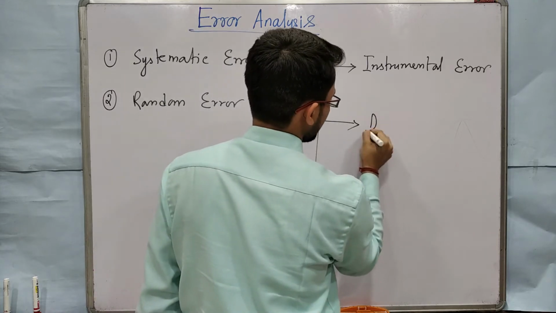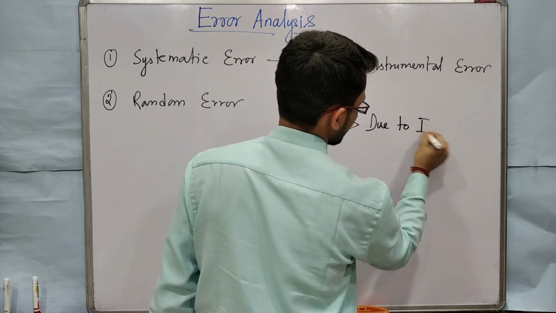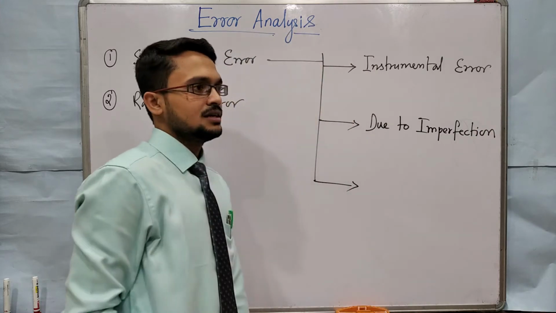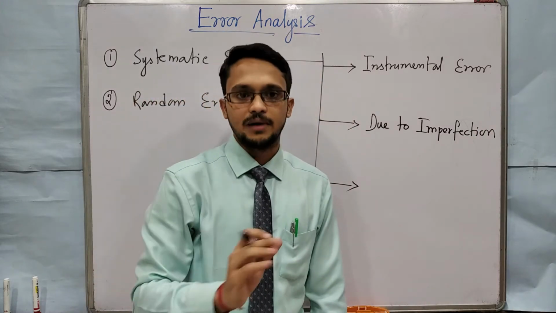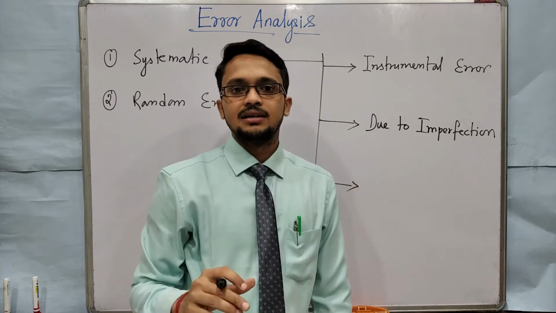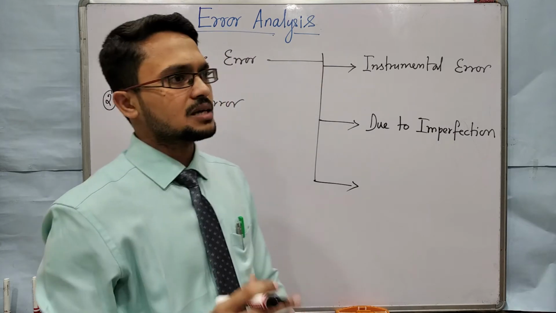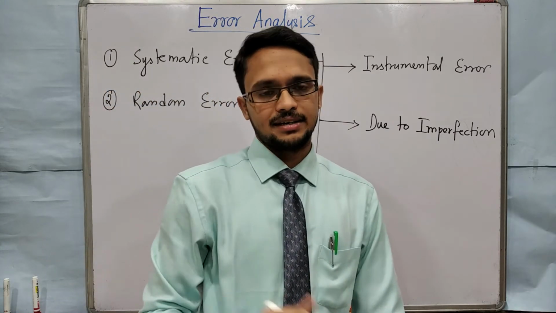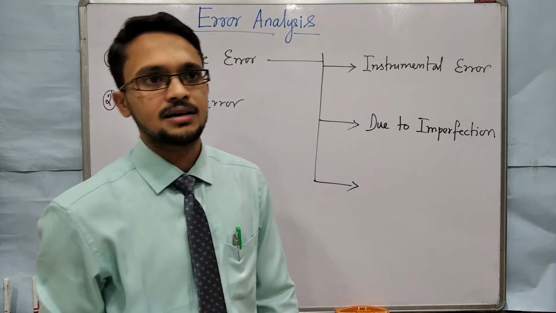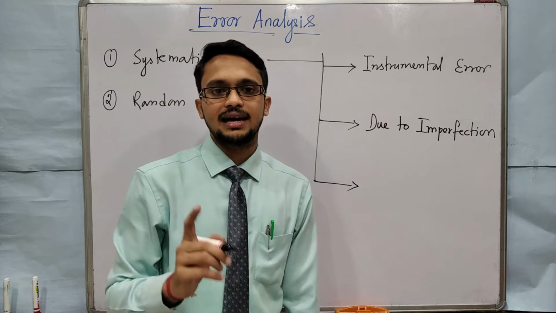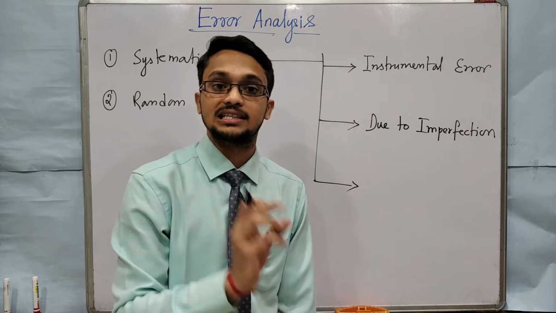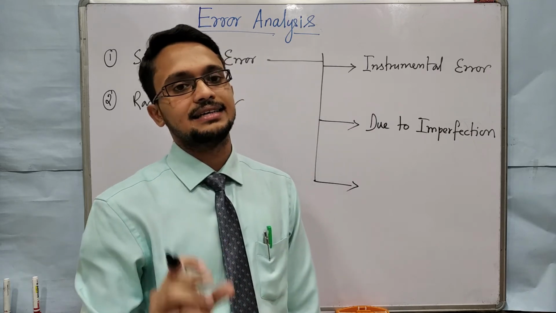Second one is due to imperfection. That means suppose you did not put the instrument properly, the adjustment is wrong, then the instrument will not give the correct value. Suppose you are doing a heat experiment, using some kind of metal, and the assumption is that no heat is radiating, but when we do the experiment in the lab we see that heat is radiating.